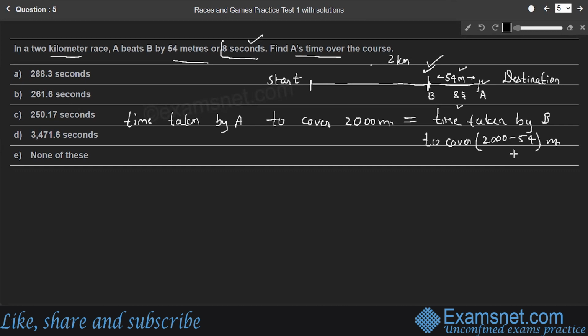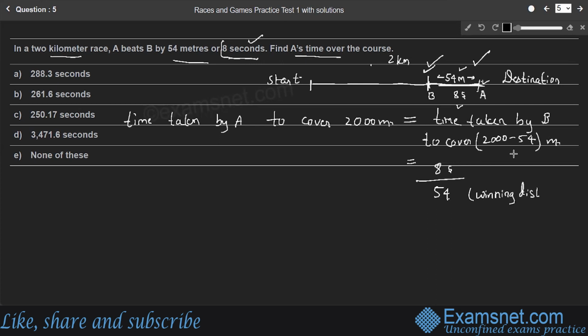Therefore, how do we calculate the time taken by B to cover that distance? To cover 54 more meters to reach the destination, B requires 8 seconds. Here 54 meters is the winning distance.